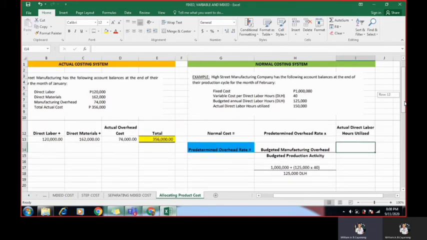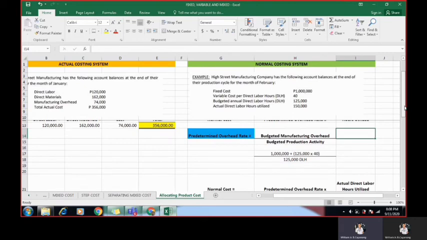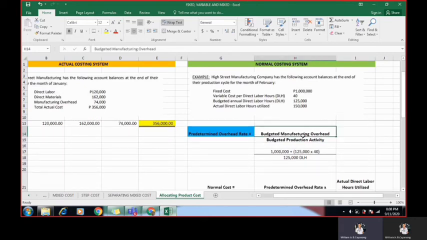Now, to get your predetermined overhead rate, ito yon, budgeted manufacturing overhead divided by the budgeted production activity. Nakikita nyo ba ang budgeted manufacturing overhead? Hindi, di ba? Pero nakikita natin, or it is given in the problem, the budgeted annual direct labor hours.